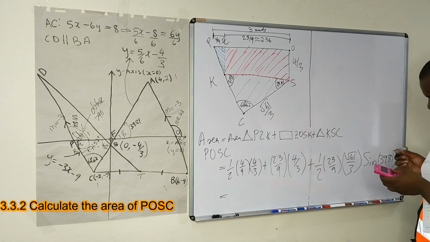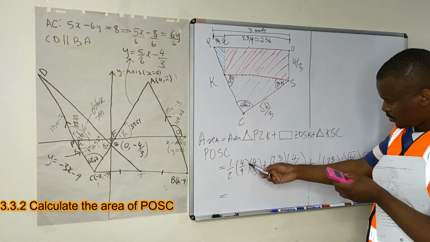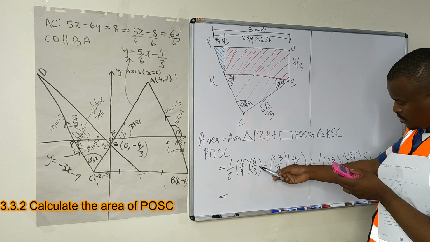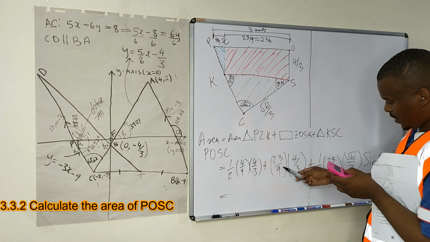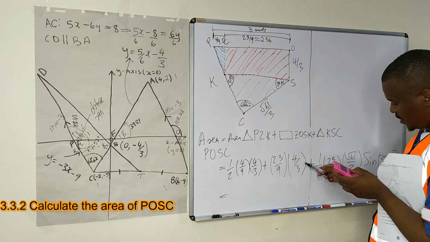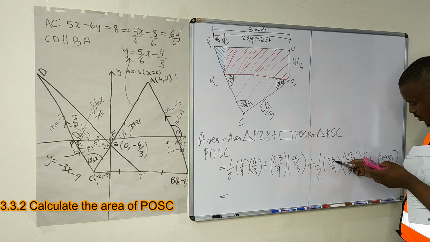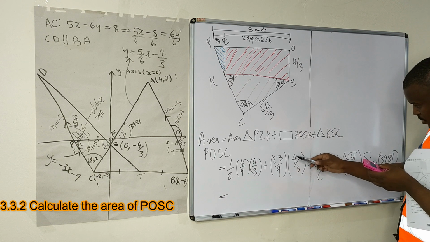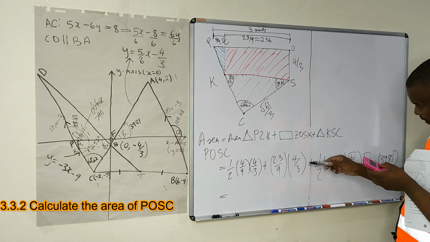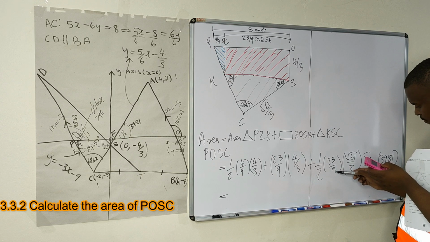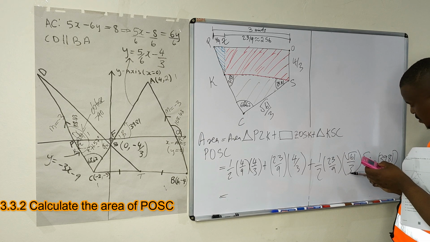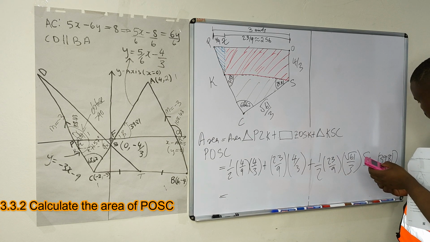So let me restart. It's 1 over 2 times 4 over 9 times 4 over 3 plus 23 over 9 times 4 over 3 plus 1 over 2 times 23 over 9 times root 61 over 3 sine 39.81.